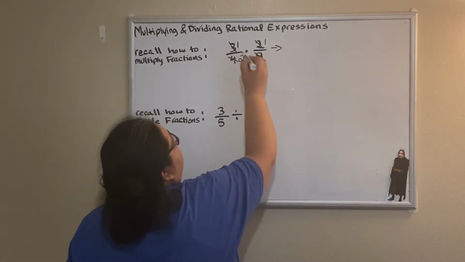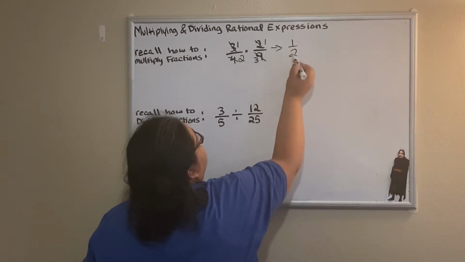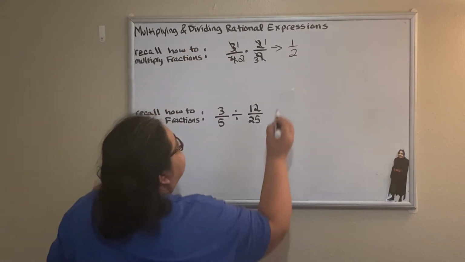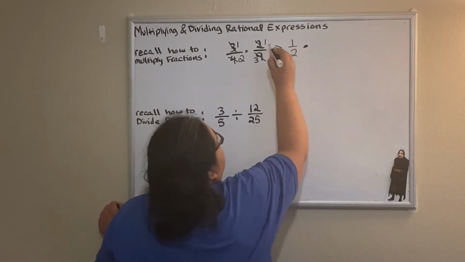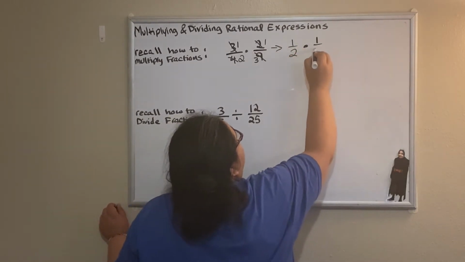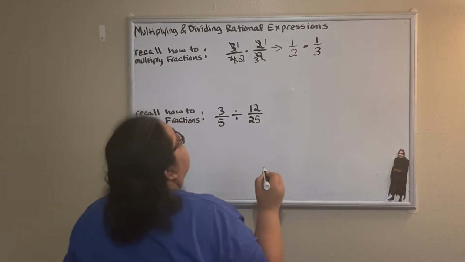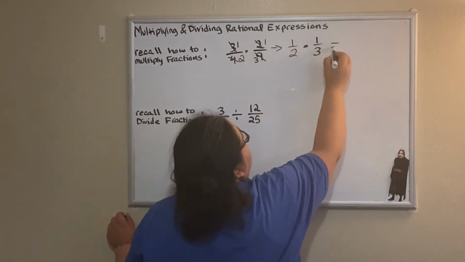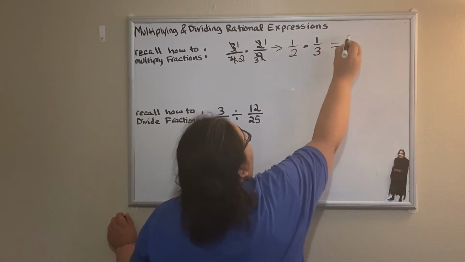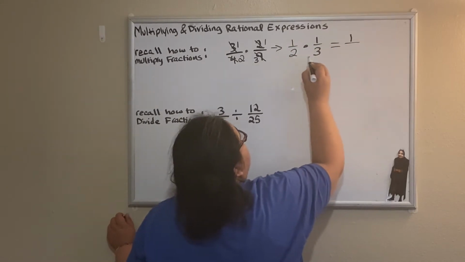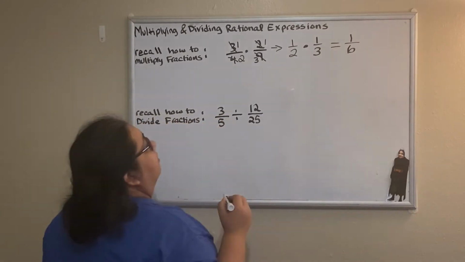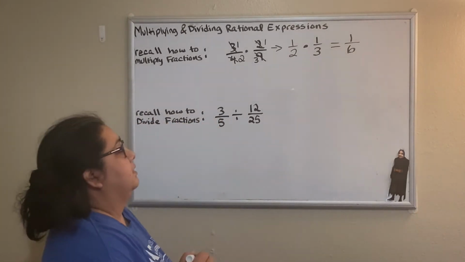What I'm left with is 1/2, because that's what's left in the numerator, a 1 and a 2 here, times 1 over 3. So now that everything's nice and reduced, we can go ahead and multiply across. 1 times 1 is 1 in the numerator, and 2 times 3 is 6 in the denominator. So I get an answer of 1/6.